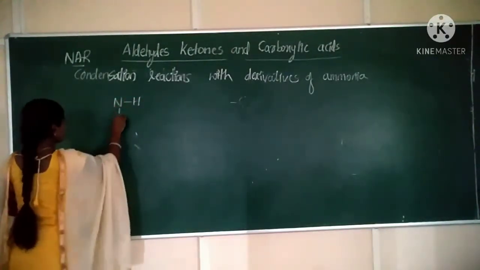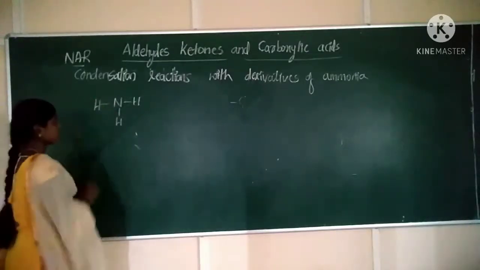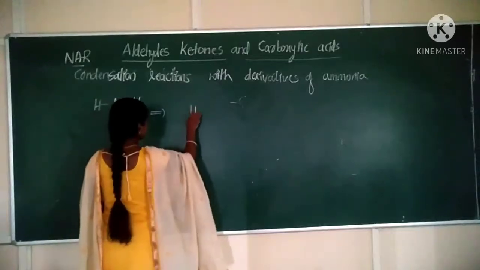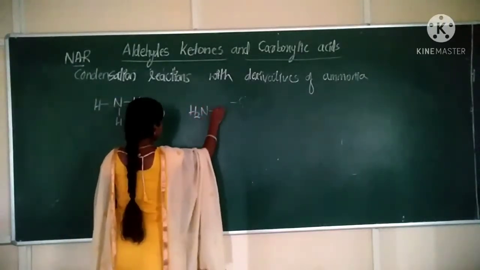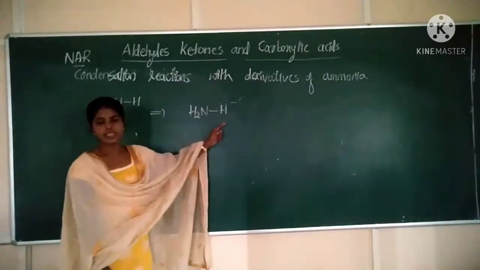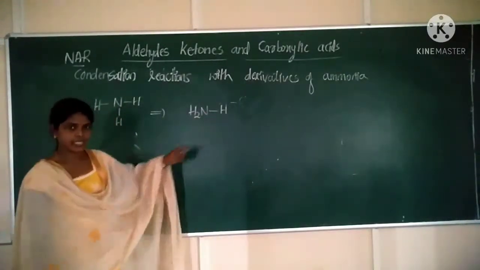H, H, H, correct? So we can write it as H2N, H. So this is ammonia, NH3, correct?